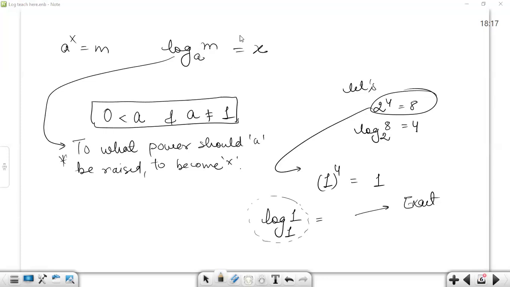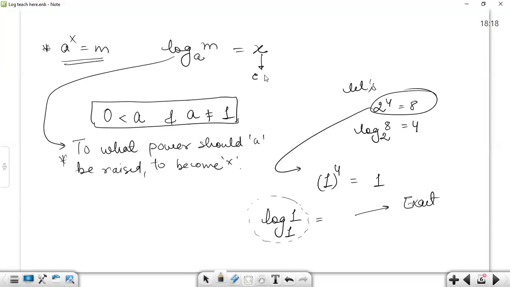So basically, there was an exponential function in this format. Then we can further write it in this format of logarithm of m to the base a. So basically, the logarithm function answers to what power the base should be raised to give m, and that is the power.